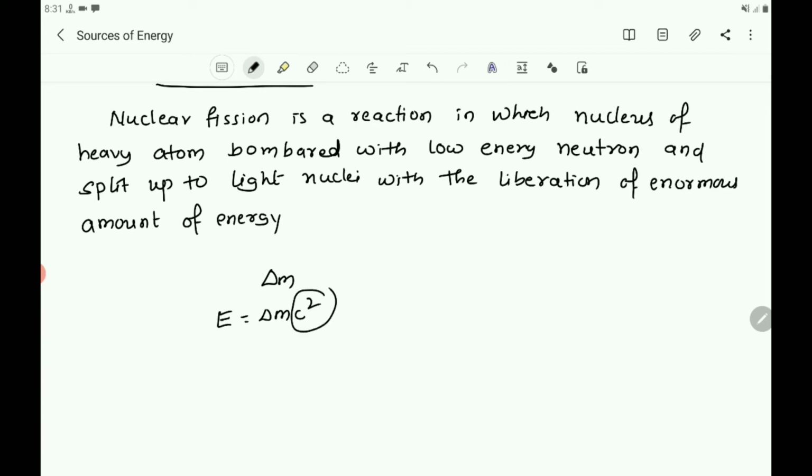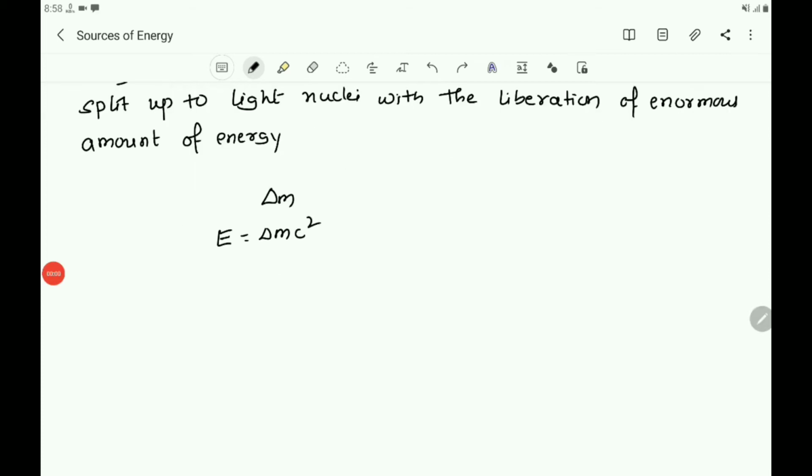Here c is the velocity of light and delta m is the mass difference. The total mass of the original nucleus is more than the total mass of the lighter nuclei, which are the products after the fission reaction. This mass energy relation was first derived by Einstein in 1905, so it is called the Einstein mass energy relation.